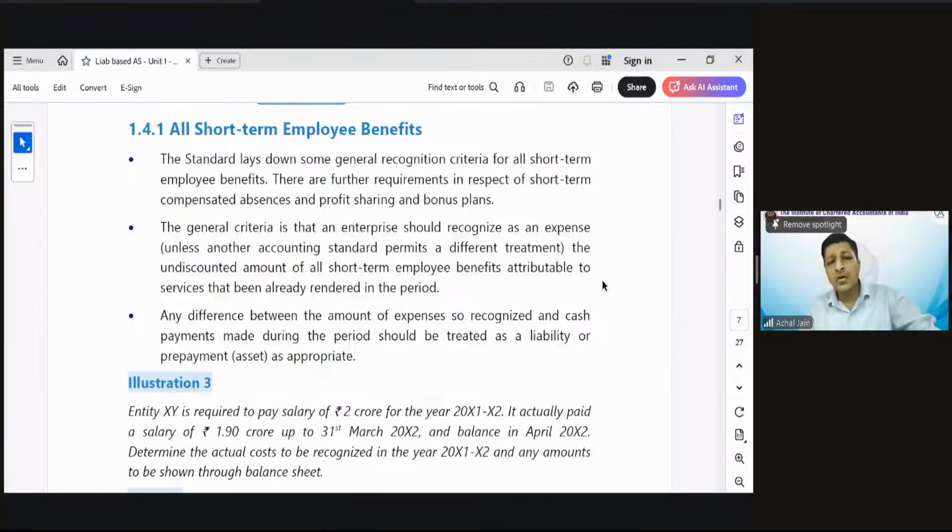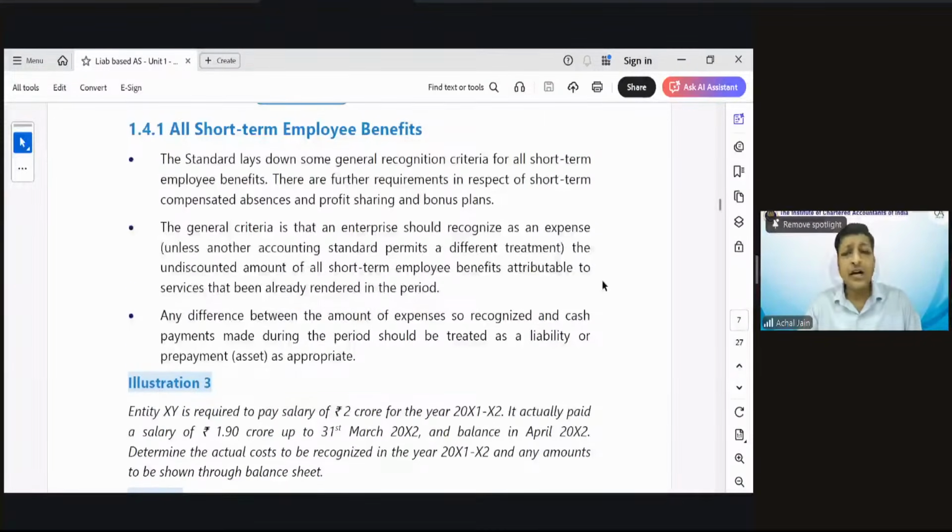One portion is already paid and the other portion is payable. Can you see this? Yes. Out of 2 crore, 1.9 is already paid and 10 lakhs is payable. So sir, will you call the entire amount short term or the amount which is payable as short term? I think, sir, the amount which is payable will be short-term.